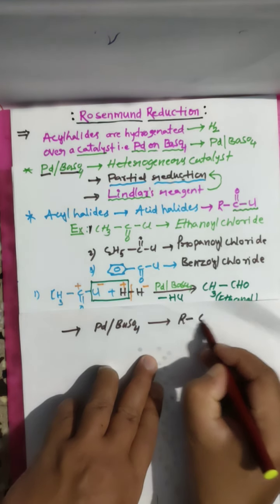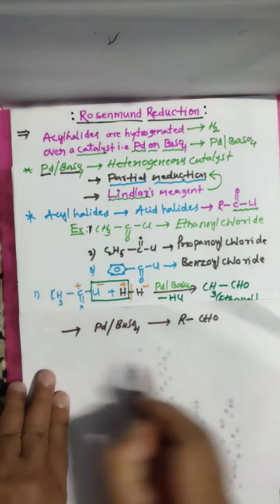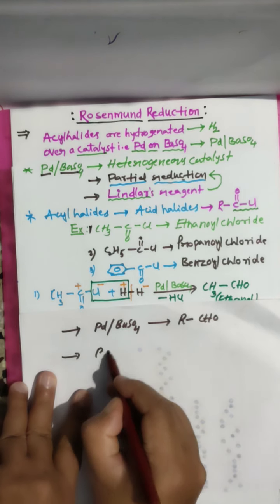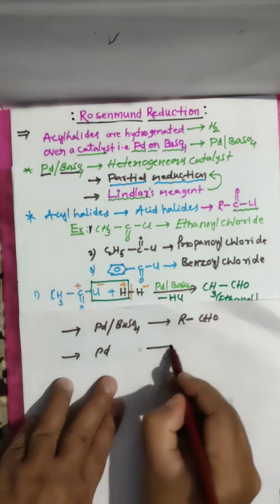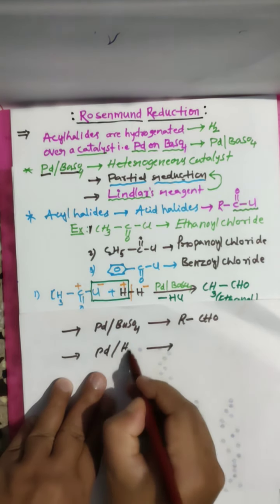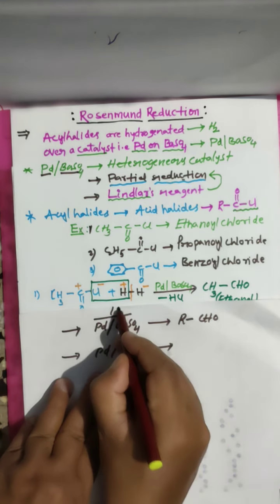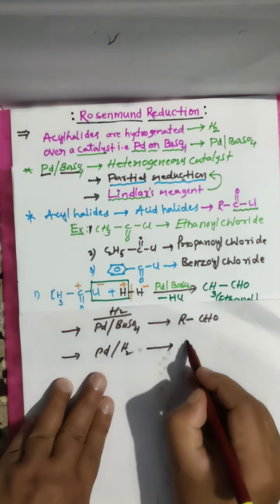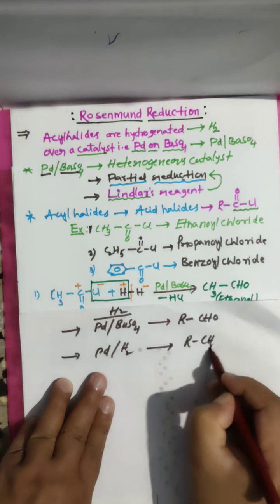You are getting aldehyde. If you are not giving barium sulfate, only palladium in the presence of hydrogen, here also hydrogen is there, then you are getting alcohol.